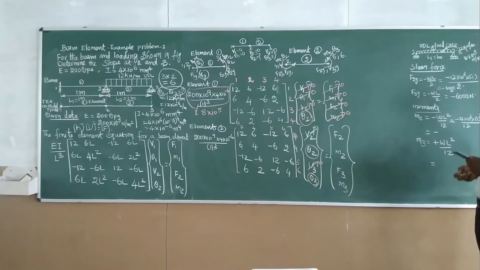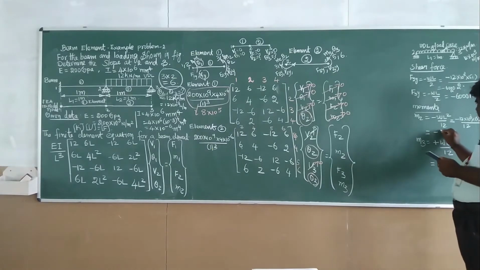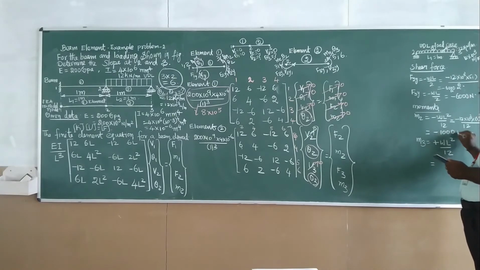So minus 12 into 10 power 3 into 1 square divided by 12. We are getting minus 1000 Newton meter. Similarly, this is positive 1000 Newton meter.